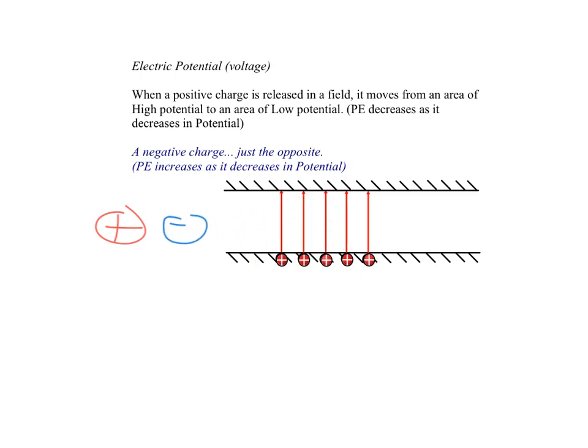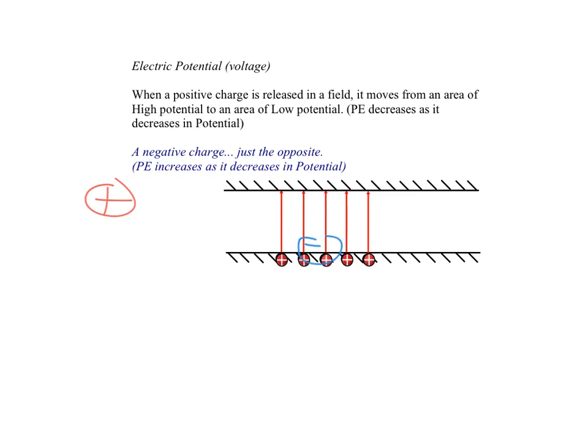What makes it tricky is that the positive and the negative charges behave opposite of one another. A positive charge will naturally move to a lower voltage. The analog is like dropping something in a gravity field. It's going to move to a lower height. The negative charge does just the opposite. It's going to move towards the higher voltage.